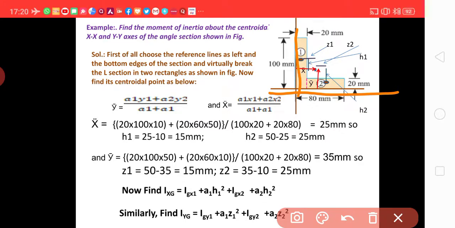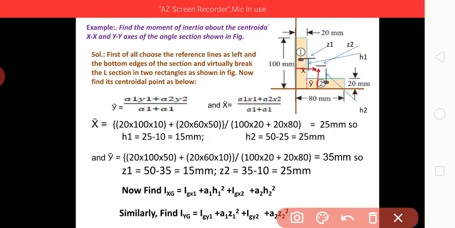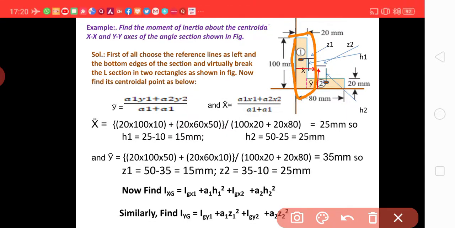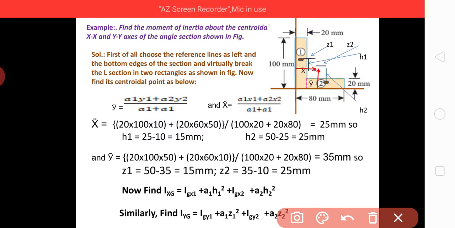So, break this L section into two rectangles which have been broken there. Section 1 is this much and section 2 is this much. So first y bar, that is the y coordinate of the centroid, is a1 y1 plus a2 y2 upon a1 plus a2, and the x coordinate is a1 x1 plus a2 x2 upon a1 plus a2.